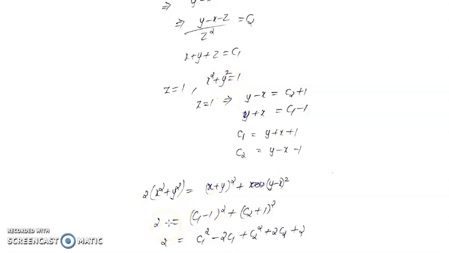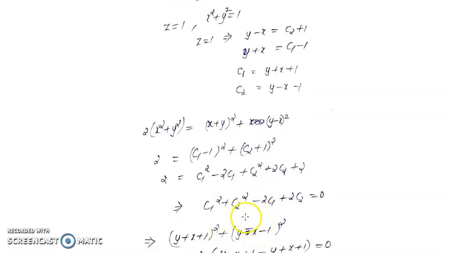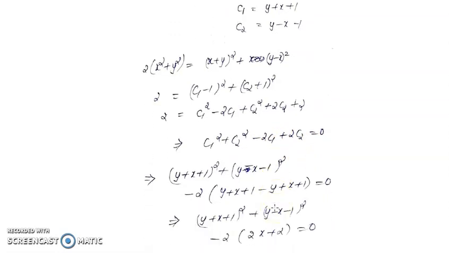So you will get 2 equal to (c1 minus 1) whole square plus (c2 plus 1) whole square. Simplifying, you will get c1 square plus c2 square minus 2 c1 plus 2 c2 equal to 0.